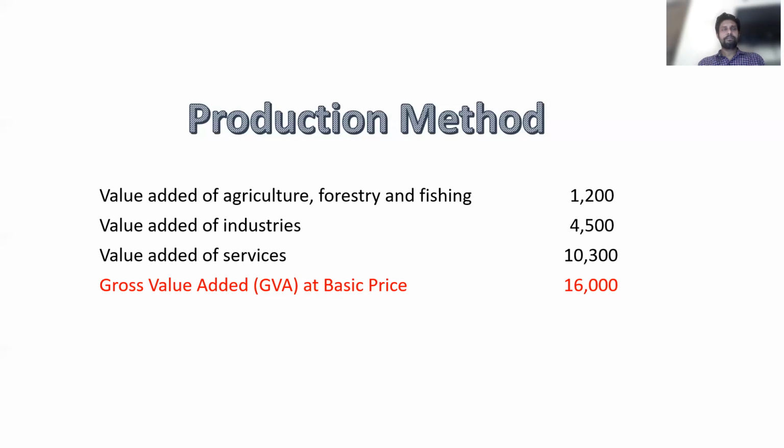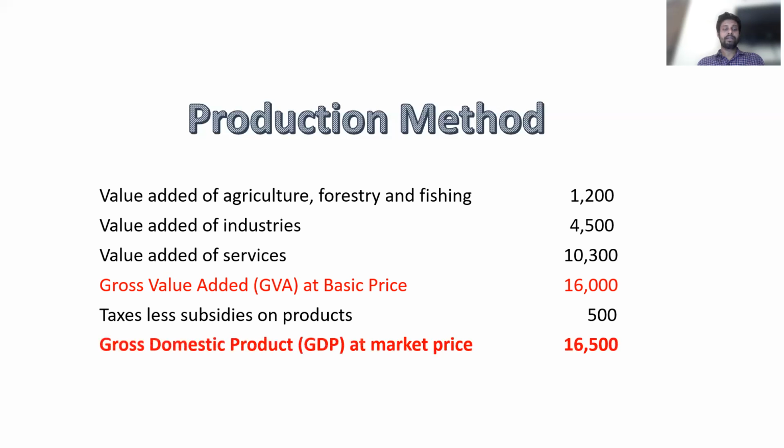Then we will have another price, market price. So market price is captured when taxes are added and subsidies are subtracted. You see, taxes less subsidies on products. If we add taxes less subsidies on products, we will calculate gross domestic product at market price. This is how we will measure country's GDP at the production method.